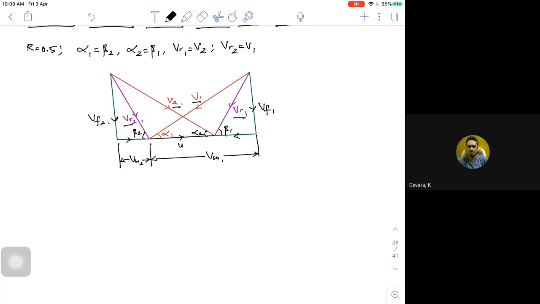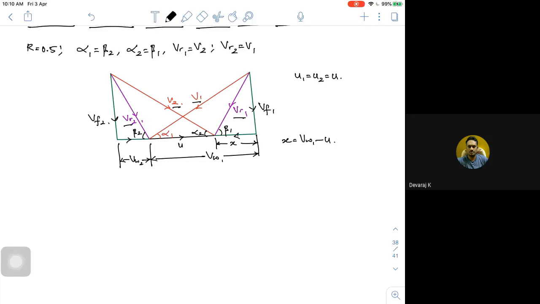What is this X? I call this X. X is nothing but VW1 minus U. So for an axial flow machine, U1 is equal to U2 is equal to U.